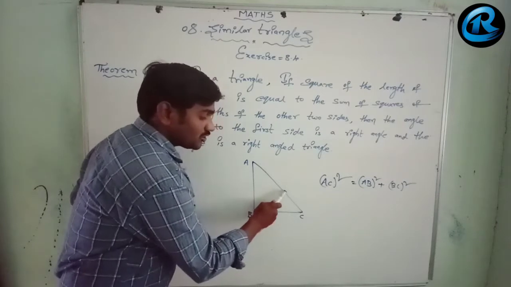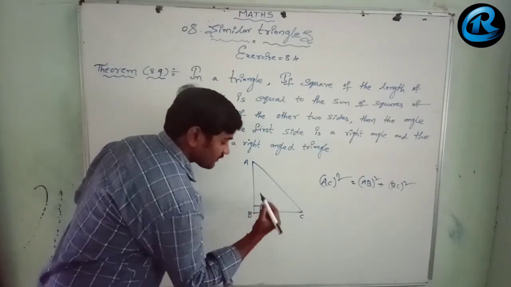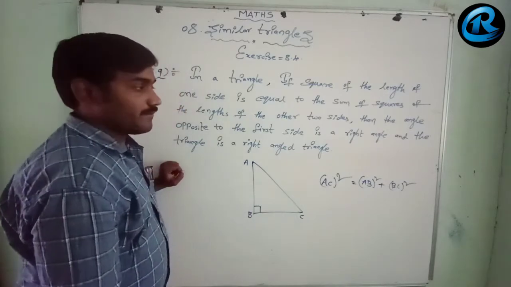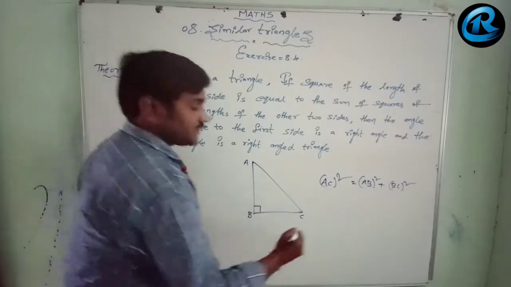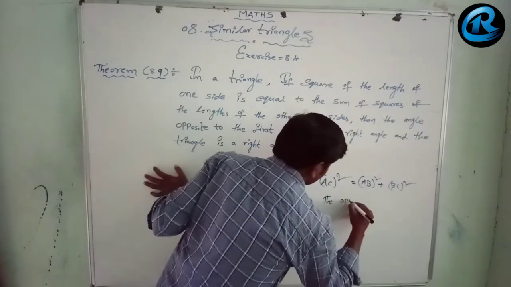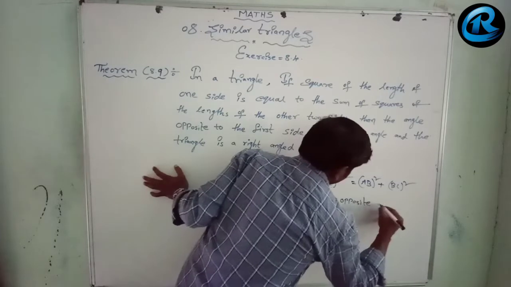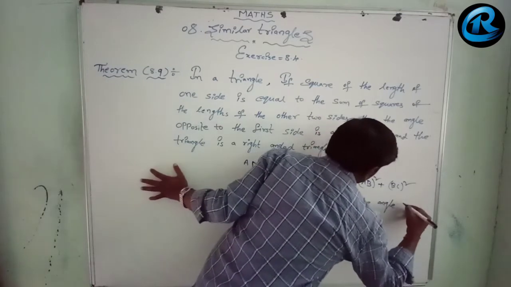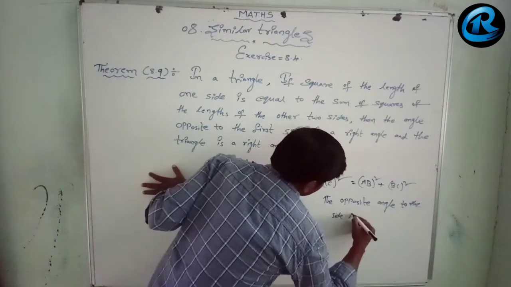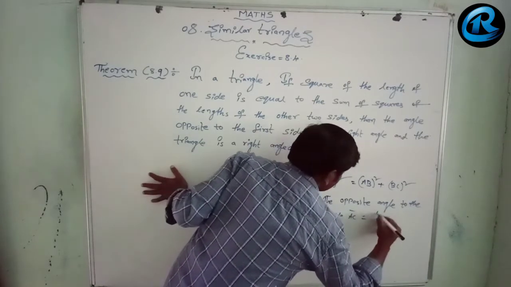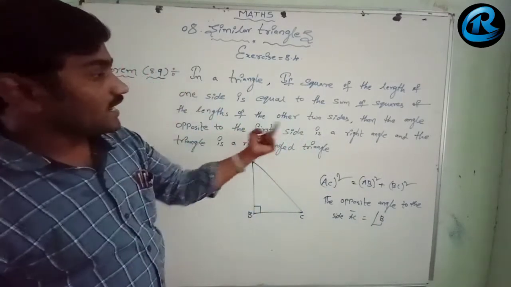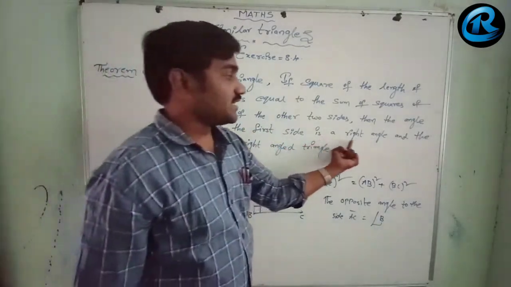The angle opposite to this is angle B. The angle opposite to the side AC is angle B, and it is a right angle.